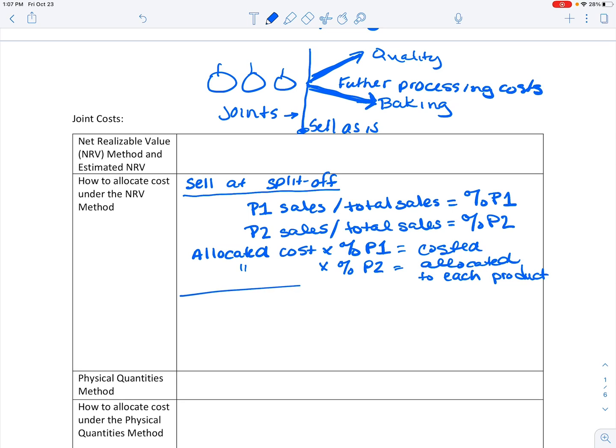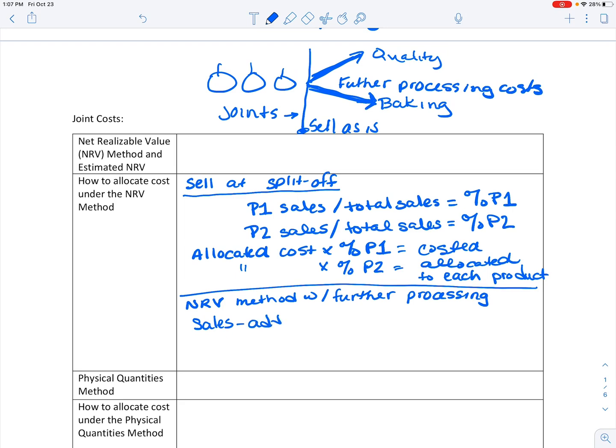So when we're allocating joint costs in that situation, we're looking at our net realizable value method with further processing. So what we want to do here is take our total sales.